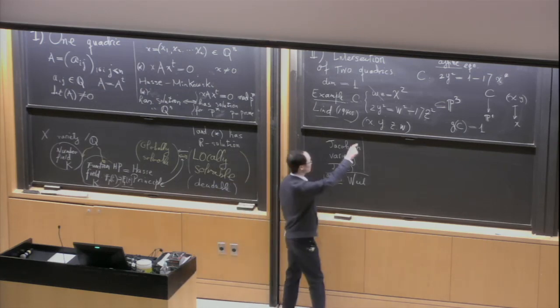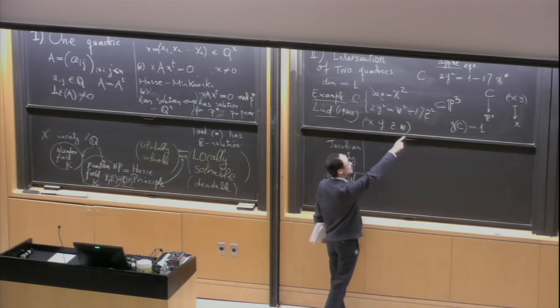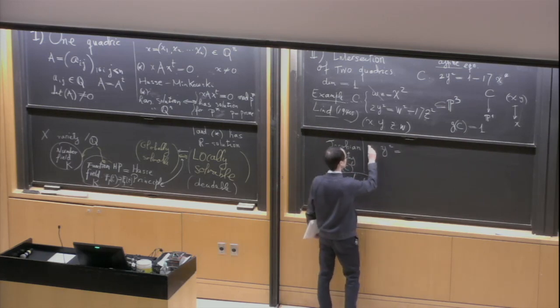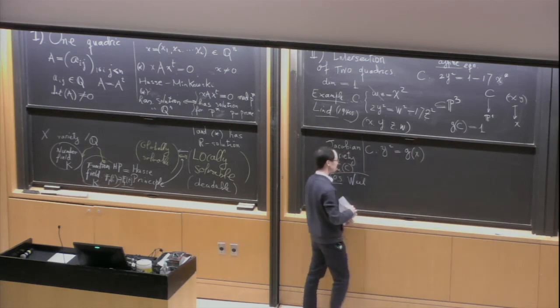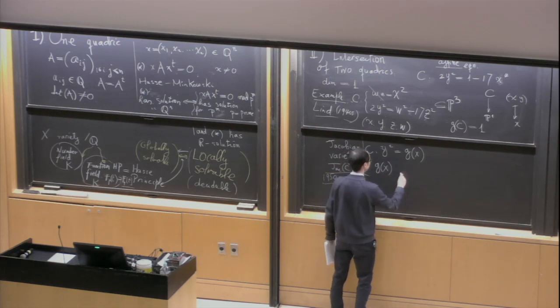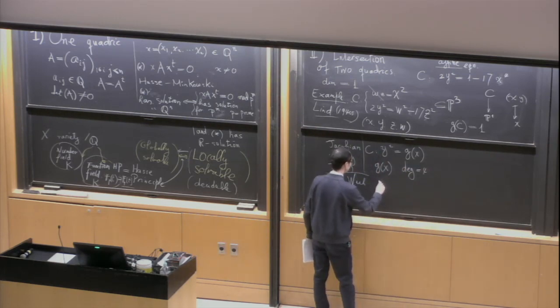In fact this works for a general hyperelliptic curve of that form. In other words, suppose I have an equation given by a degree 4 polynomial g of degree 4 with rational coefficients, so over Q.